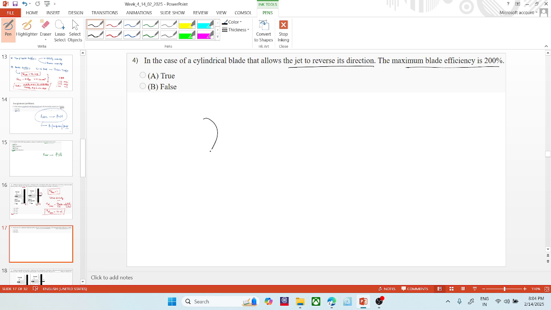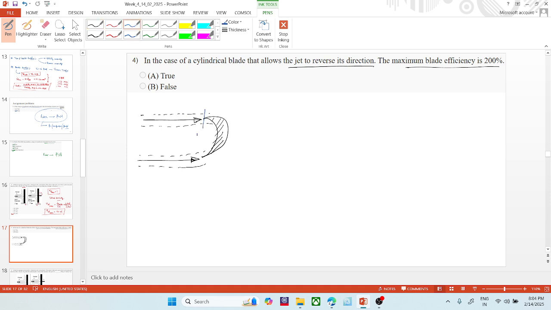Actually, what they are asking, they are taking the case of this geometry. Actually, we have also derived this geometry. So it is coming out cylindrically like this at 0 degree and reversing its direction at the exit.